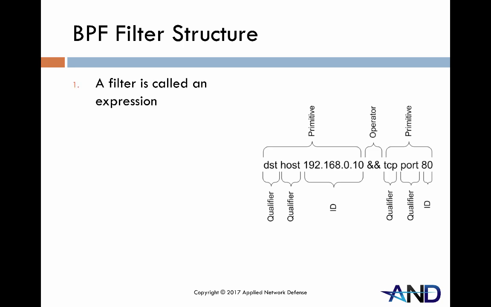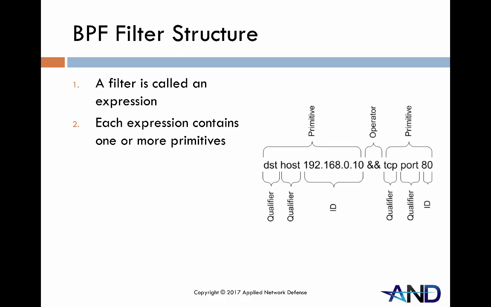First, a filter is called an expression. A lot of people are just going to call this whole statement a BPF, just a filter, and that's okay, but the proper term here is expression. So when we refer to this whole thing, we're just calling it an expression. Next, each expression contains one or more primitives. A primitive is a group of qualifiers and IDs, or you can think of this almost like fields and values.